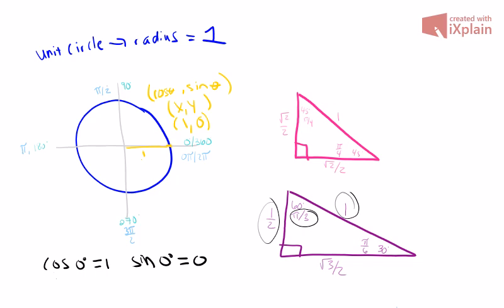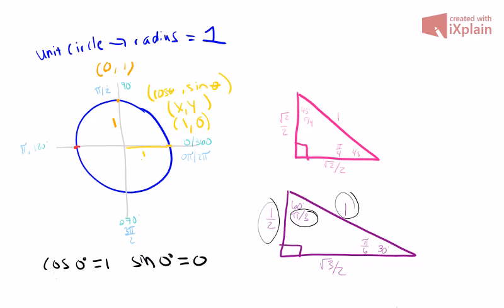Let's take a look at 90 degrees. So here, I've got 90 degrees. So here I go 0, 1 to get to 90 degrees. So cosine of 90 would be 0. Sine of 90 would be 1. Same with 180.